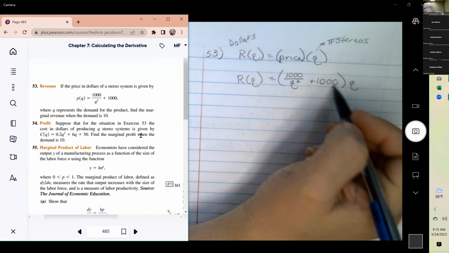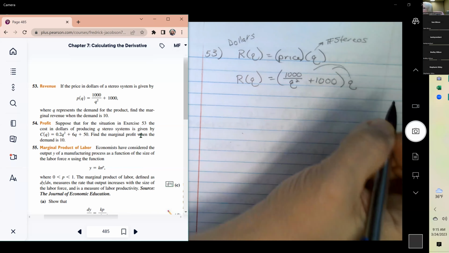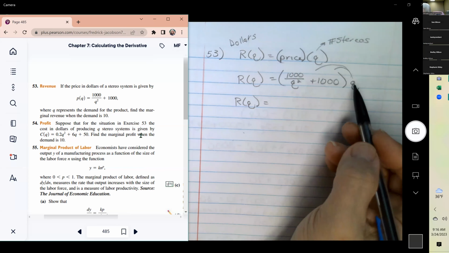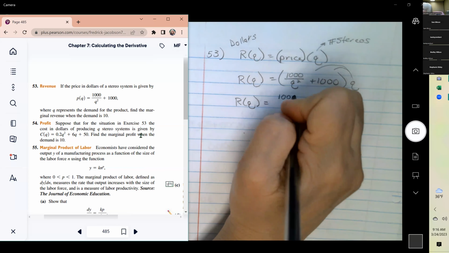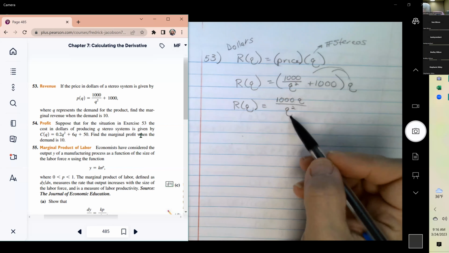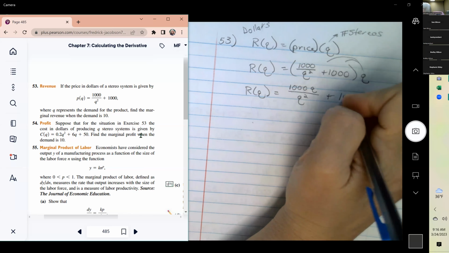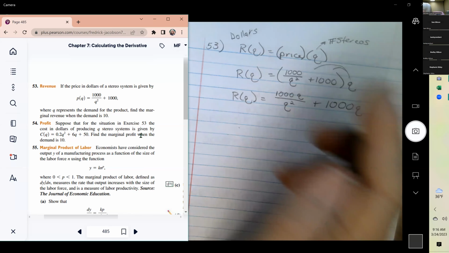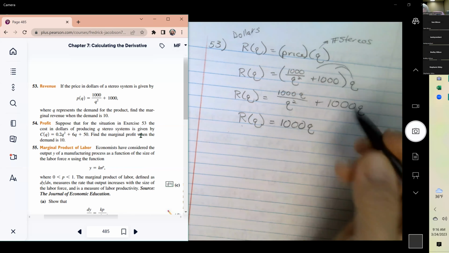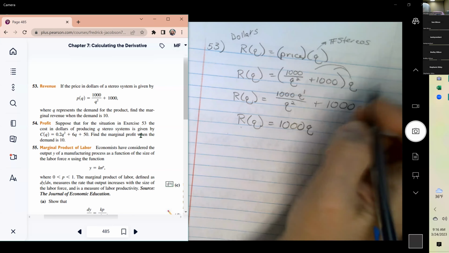Before I take my derivative, because this would need a product rule, which we haven't learned yet, I'm going to distribute the Q. 1,000 times Q is 1,000 Q over Q squared, but this will reduce, plus 1,000 Q. Now, when you're reducing, it's the top minus the bottom. 1 minus 2 is a -1.